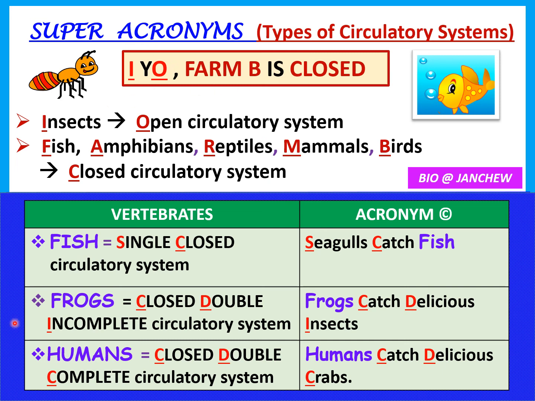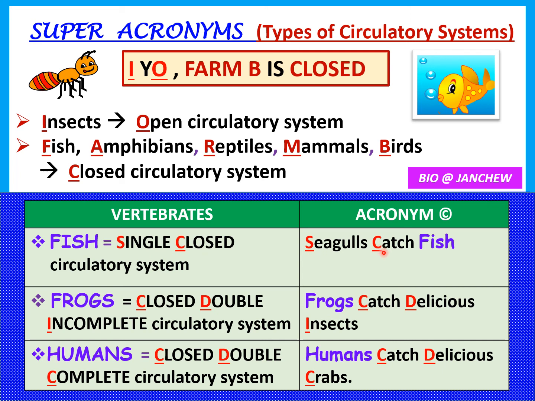Now, for the vertebrates, there are three acronyms to help you remember the types of circulatory systems. For example, fish has a single closed circulatory system. So you must remember the S and the C. So remember seagulls. S for single.